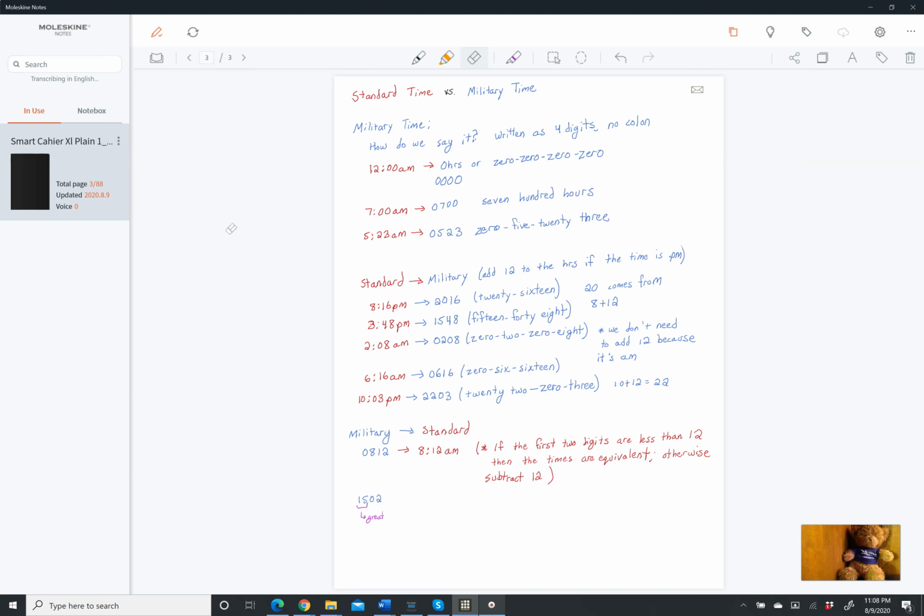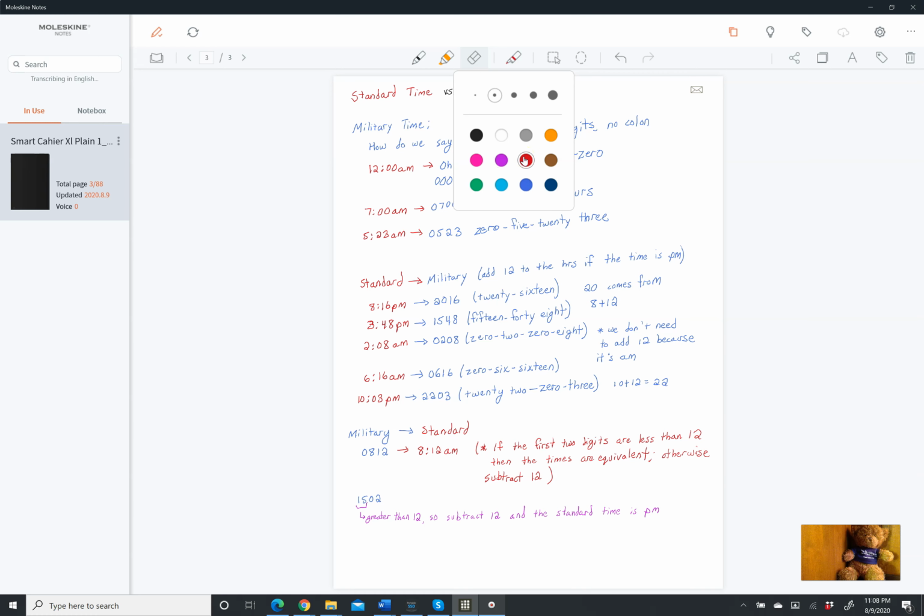This is greater than 12. So this means you subtract 12. And the standard time is PM. Okay, remember with standard time, you always have to have a PM or an AM.